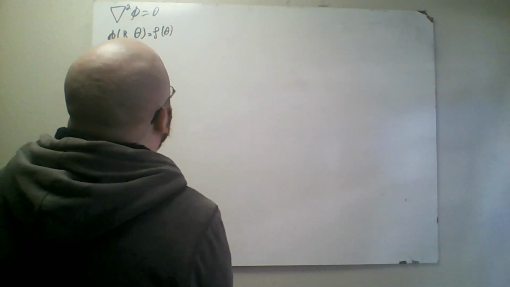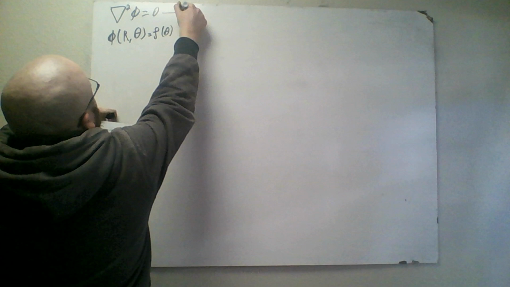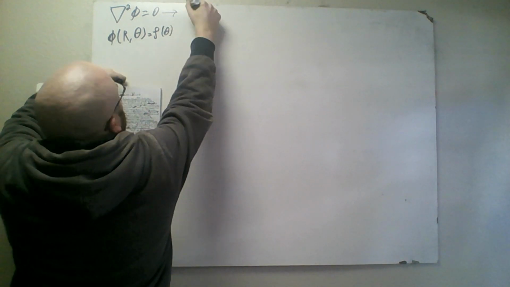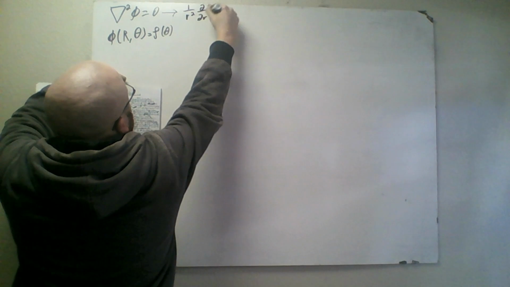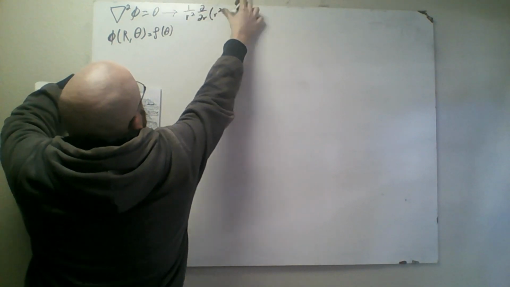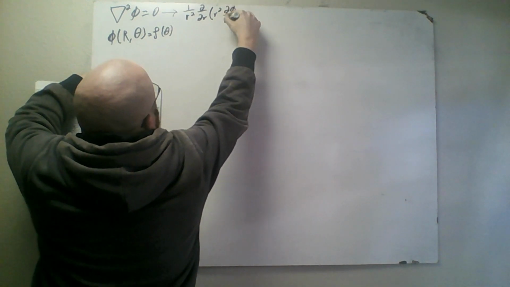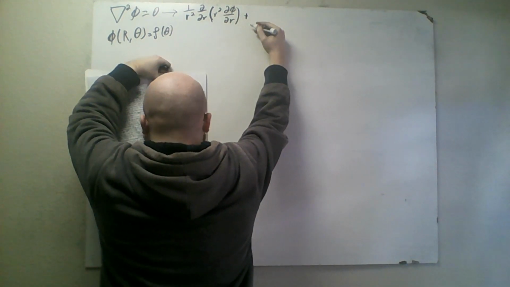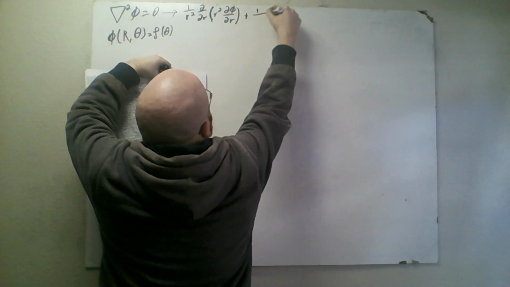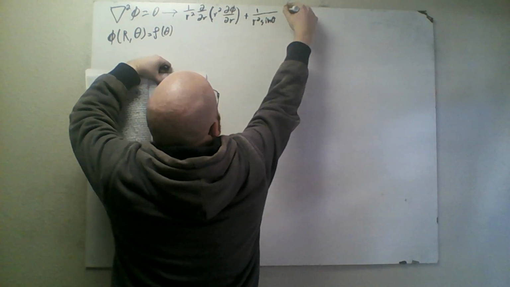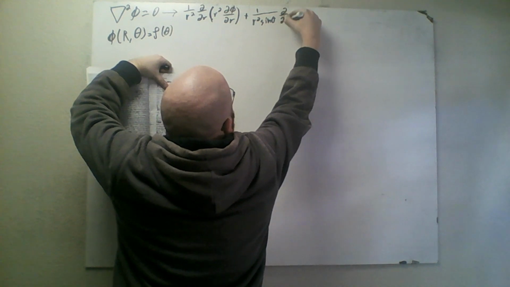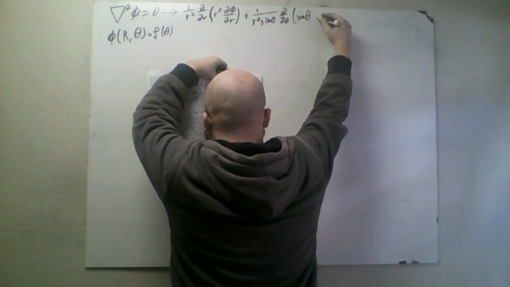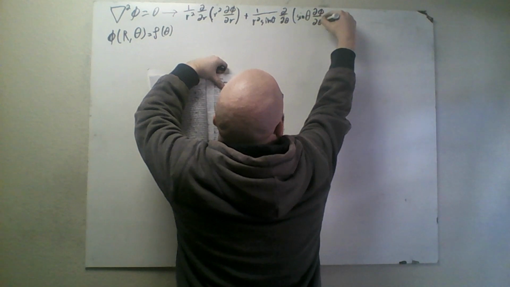Yeah, so in this case, we're not going to write the full thing, but this expands out to one over r squared, d over dr, r squared d phi dr, plus 1 over r squared sine theta, d over d theta, sine theta d phi over d theta.